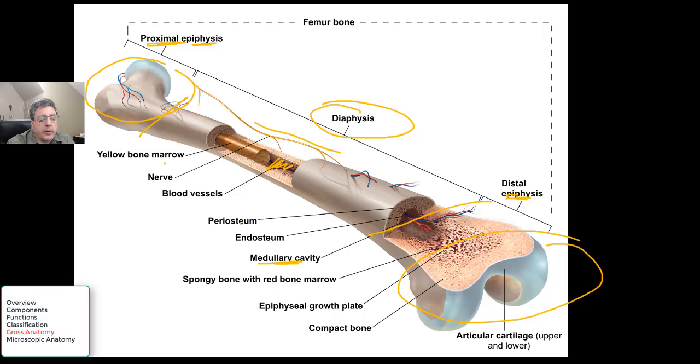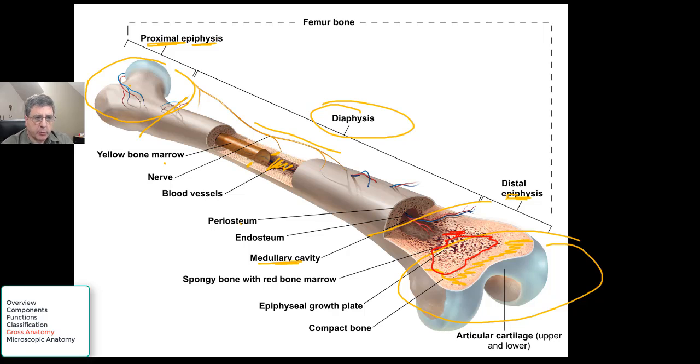Now the long bone, the outer portions of this, as you can see on here, as well as this space here, this is all compact bone, okay. Deep to this, let me change a little bit of a color here so you can see the different structures in this area.